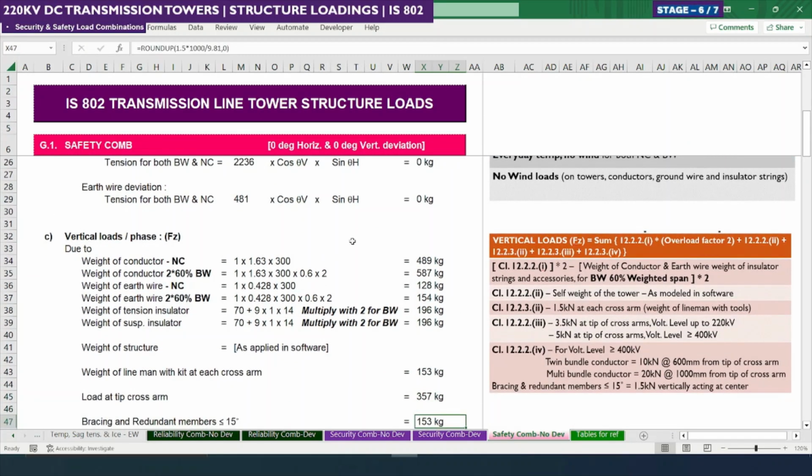As we discussed just before, vertical load is a combination of these clauses.